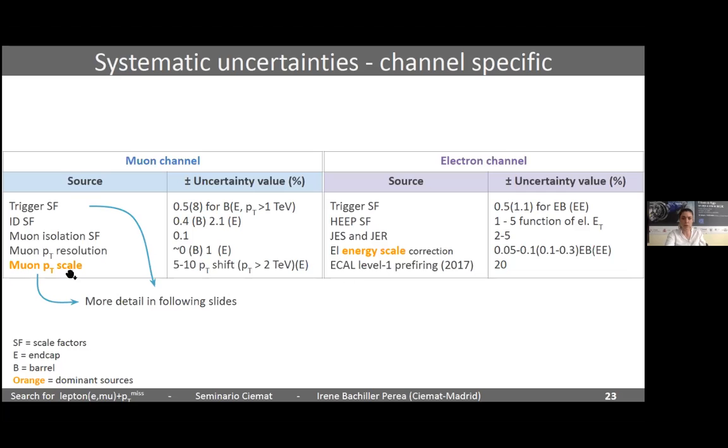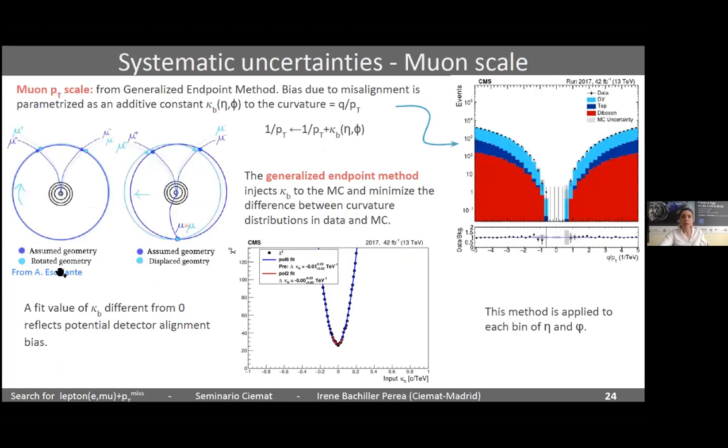So going to the detail of this muon PT scale, we measure this uncertainty with the so-called generalized endpoint method. If there is a bias due to misalignment, we can parameterize it with the parameter kappa. You see in this sketch how a rotated or displaced geometry of the detector can induce a kappa bias, and this will change the curvature of the muon.